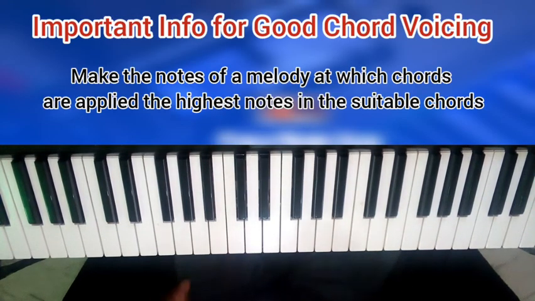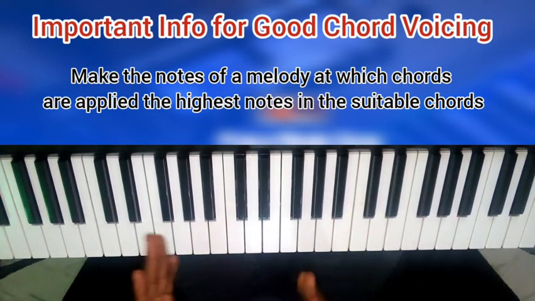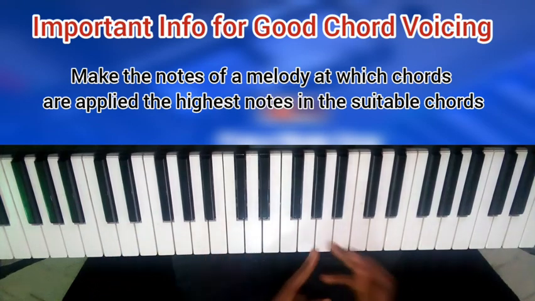Quickly, let me share important information that will help your chord voicing very well. It's one element that is common in playing, and some good contemporary players understand it and use it. It has to do with the melody of the song and the way you arrange your chord. You have to consider the notes of the melody to arrange your chord.